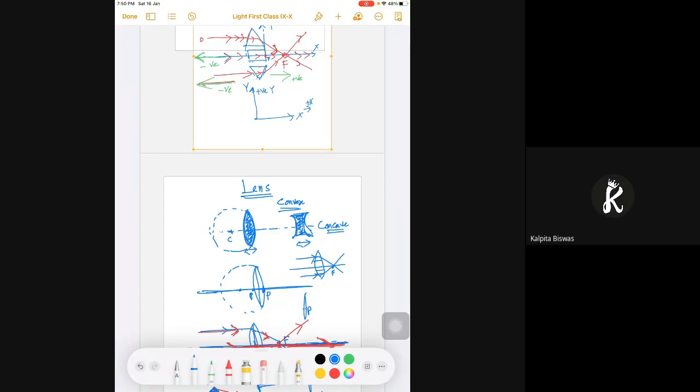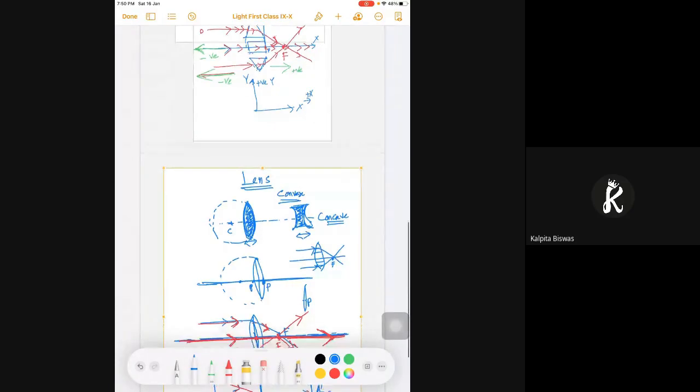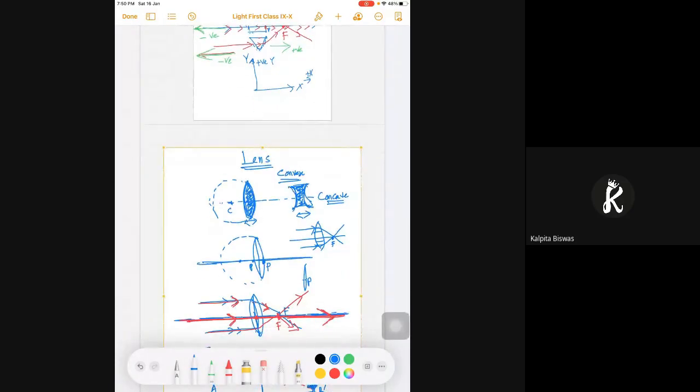And it is called a convex lens, because this outer surface is like this, what you see, and it is the same convention we will use throughout our life whenever we study lenses or anything. This same concept is used everywhere. And when the curvature is like this, this is called concave curvature.